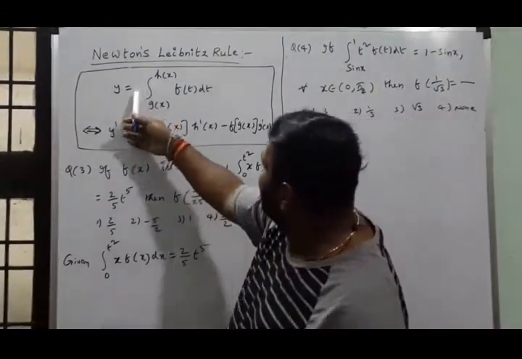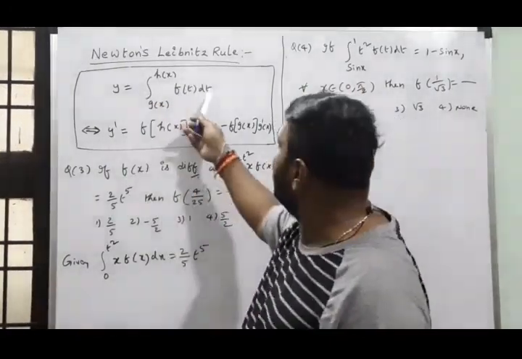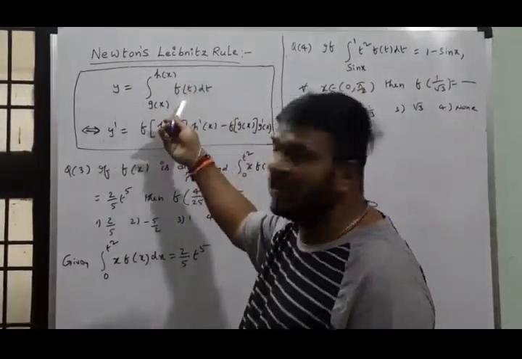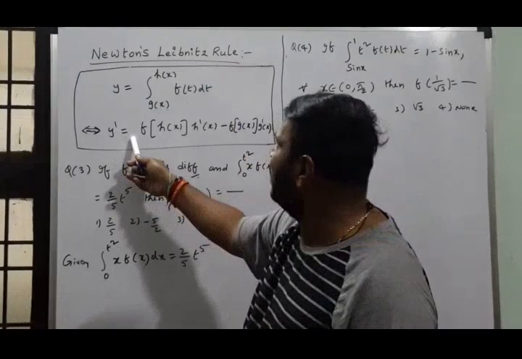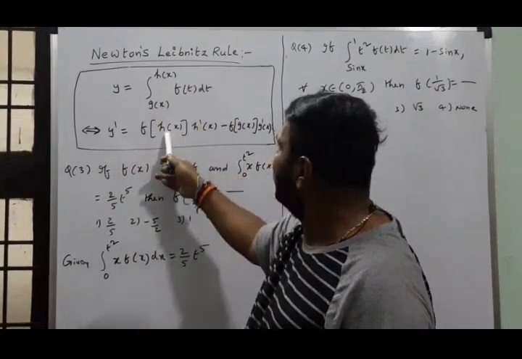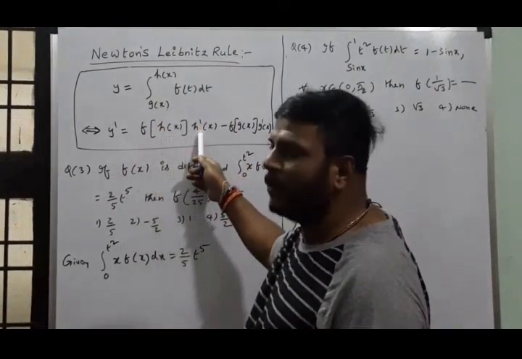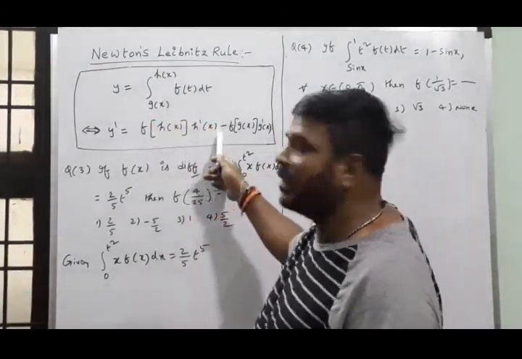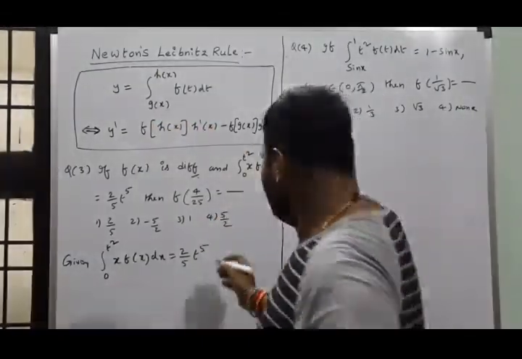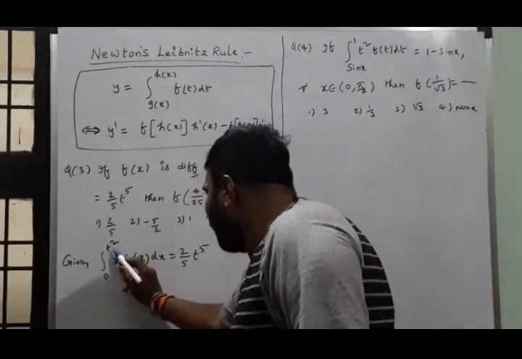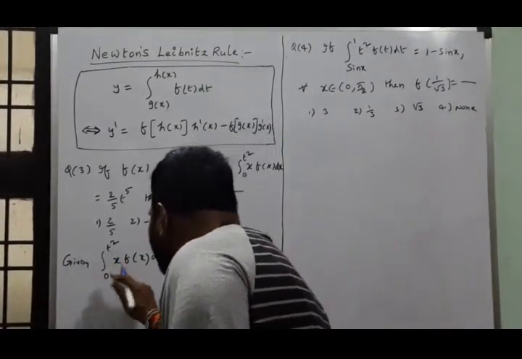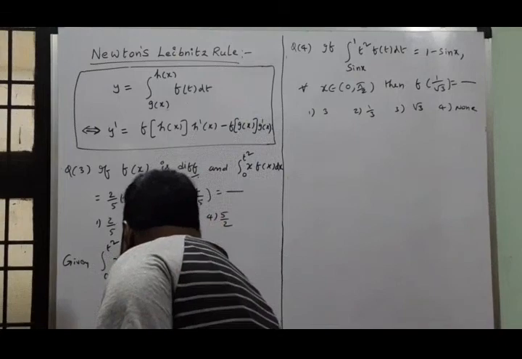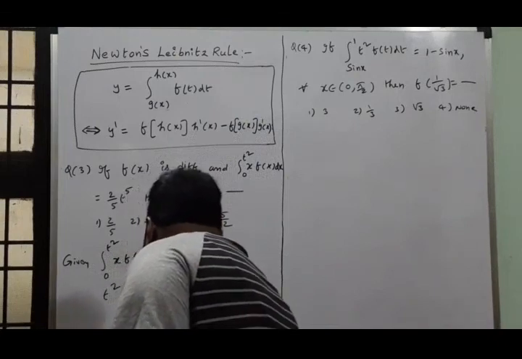Now apply the Newton-Leibniz formula. What is the Newton-Leibniz rule? If y is given, then its derivative is equal to f of upper limit into derivative of upper limit minus f of lower limit into derivative of lower limit. So here substitute the upper limit: t square into f of t square.